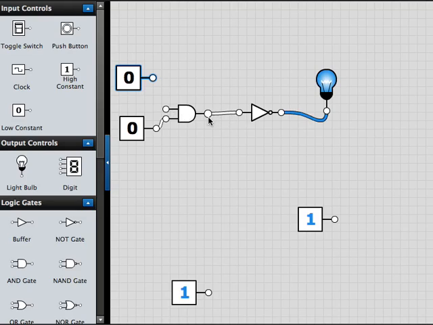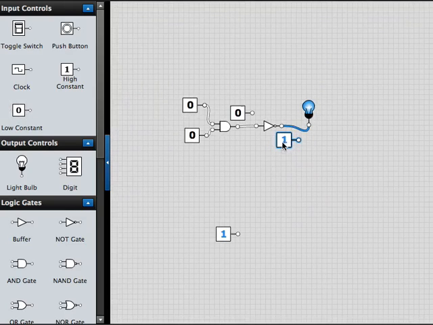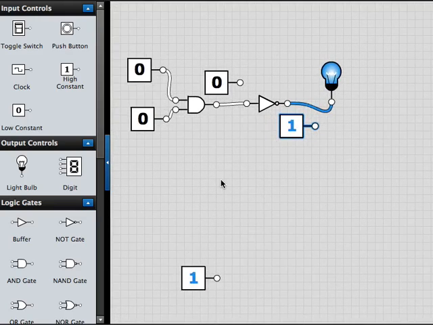If the output from the AND gate is 0, that will feed the input to the NOT gate, and it will produce an output of 1 on the NOT gate. So let's try that. There we go. So there's no change. So what we've got, of course, is our AND gate is producing 0, our NOT gate therefore is producing 1, and our light bulb is on. Okay, so that's an AND gate and a NOT gate in series.